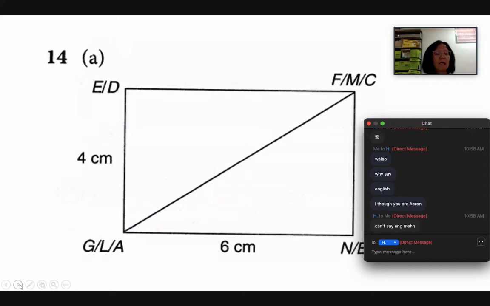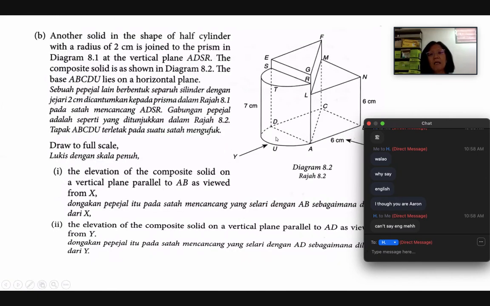If you cannot see the line, or it is below or something like that, you use a dotted line. And I repeat one more time, in SPM, part A, it is two objects joined together. Part B, they will insert another part onto the object. As you can see here, they have included half a cylinder onto the object.